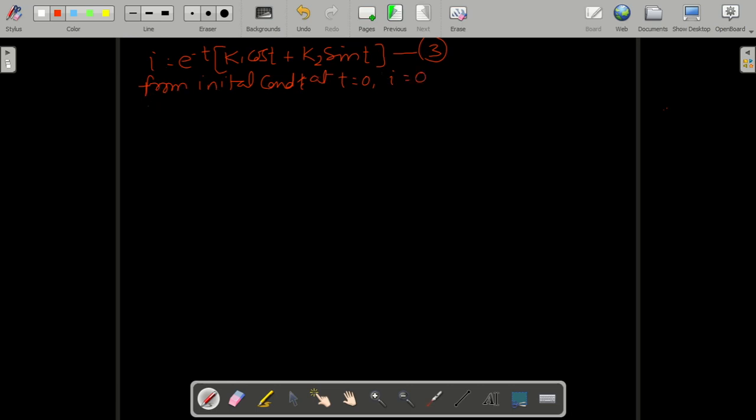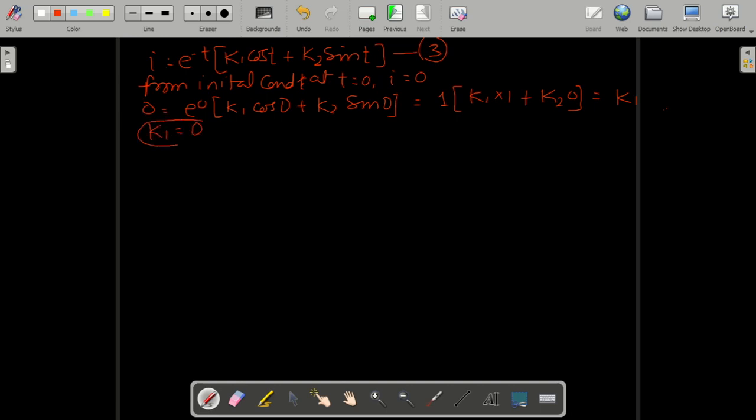So at t equal to 0, i equals 0 equals e raised to 0, k1 cos of 0 plus k2 sin of 0. e raised to 0 is 1, cos of 0 is 1, so k1 into 1, plus k2 sin of 0, which is 0. So 0 equals k1. I got k1 equal to 0.